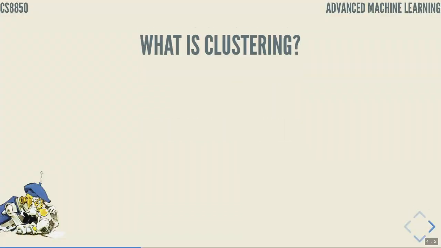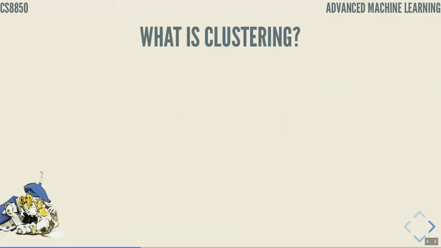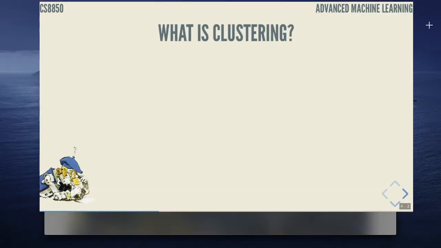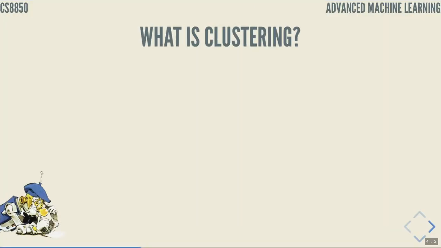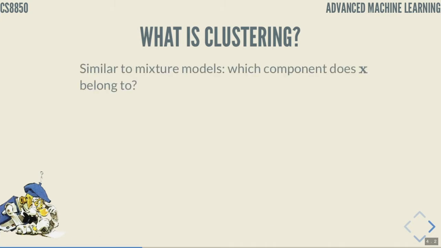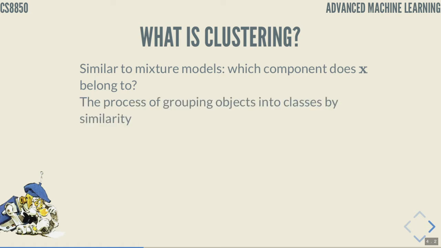And let's see how we usually define the clustering. So what is it, sort of, formally? It's very similar to mixture models. Which component does X belong to? Which cluster? The process of grouping objects into clusters by similarity, right?